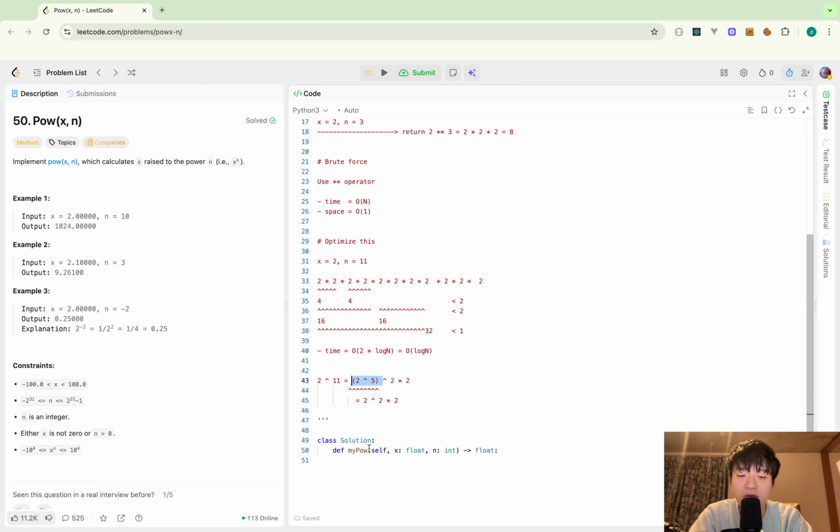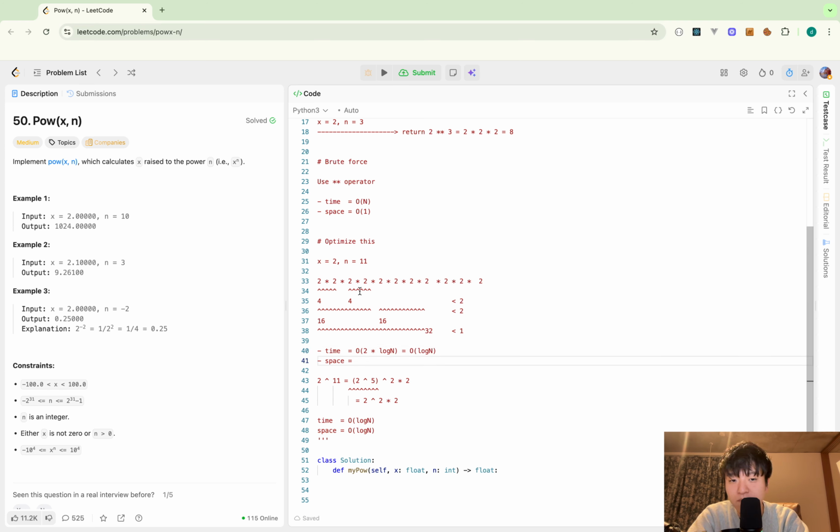Anyway, the space is not constant. So time should be log n again, and space should be O of log n for the recursion stack. Even for this, space is not constant.